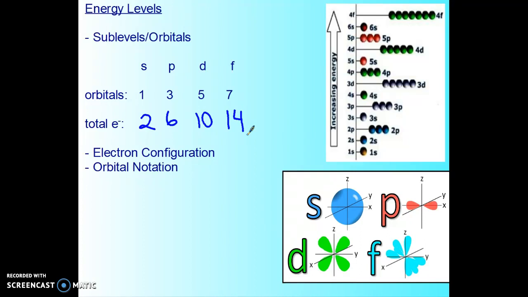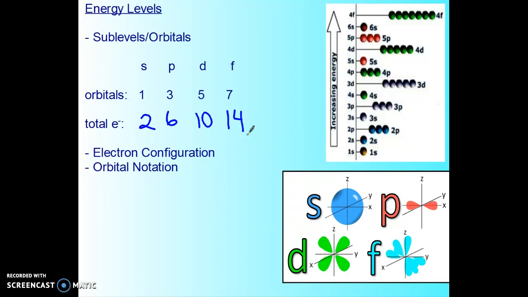All right. On the right, we have a diagram showing the energy of these different orbitals. So as you move through the energy levels 1, 2, 3, 4, 5, 6, and 7, the different sublevels have different energy.